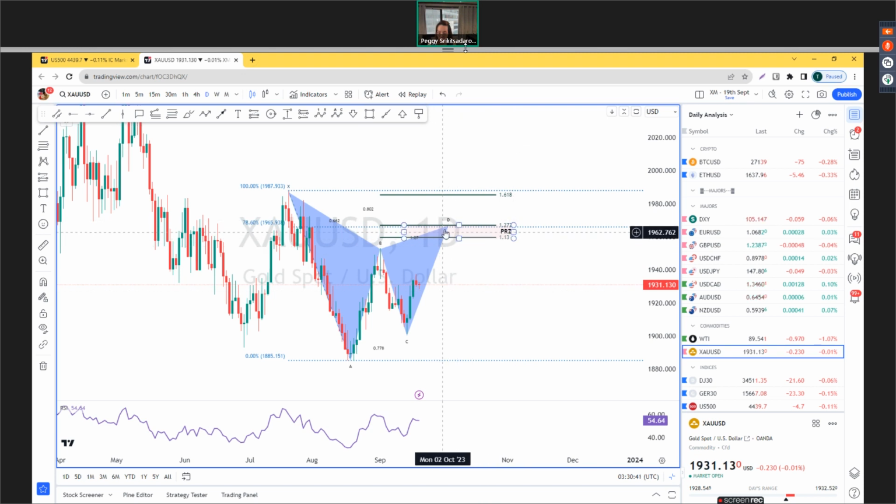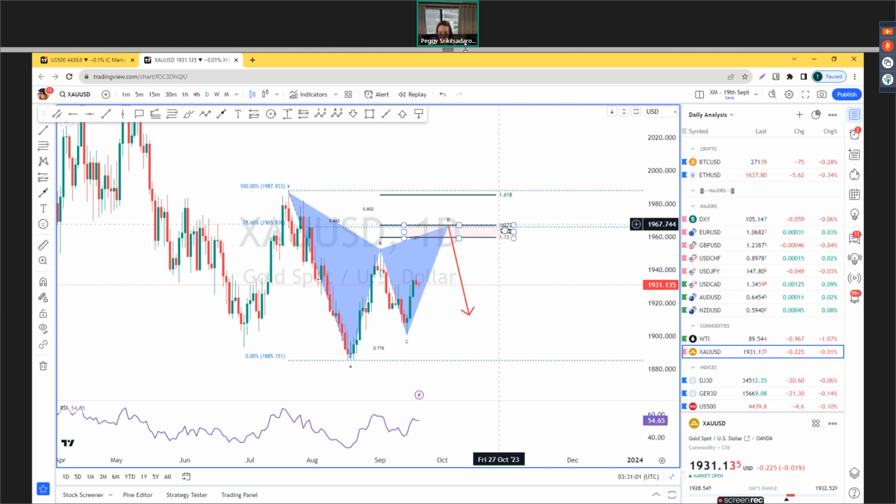Meaning, we don't know whether price will really come up here, but if it does come up until here, we will wait to sell from this level because we wait for the reversal somewhere here.